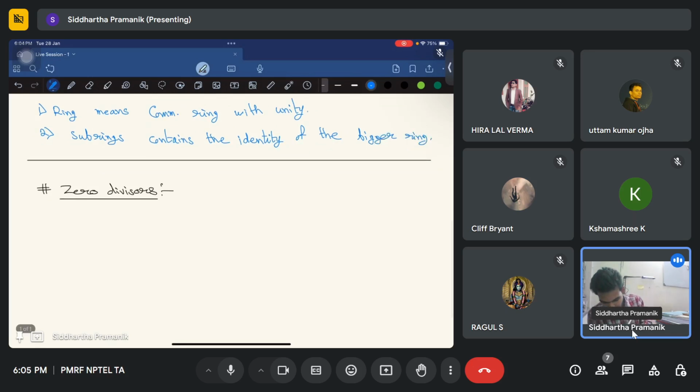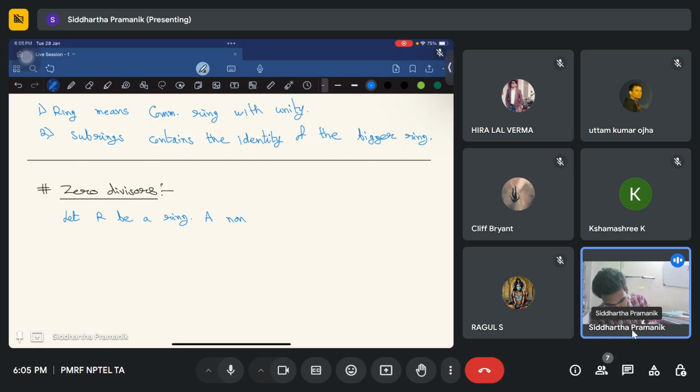Let R be a ring. When is an element in a ring called a zero divisor? First of all, a zero divisor should be a non-zero element.